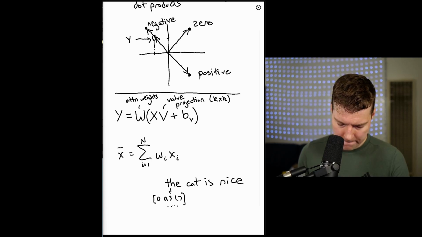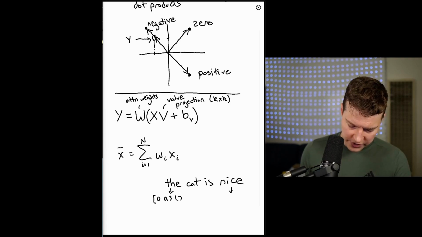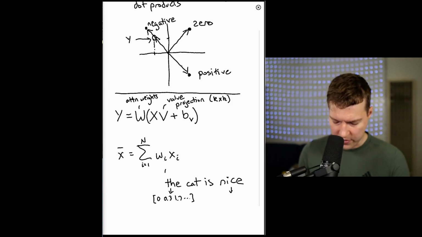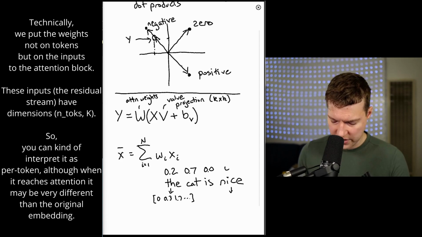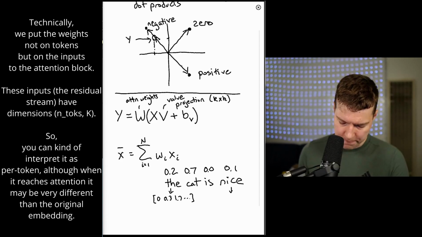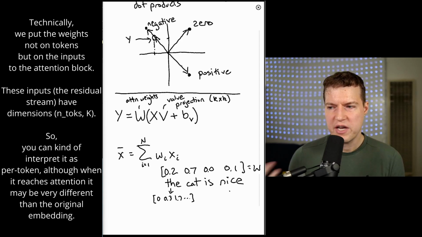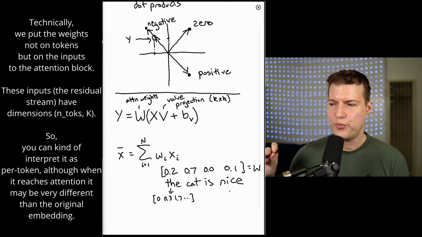When I put a different weight on these, maybe I could put a lot of attention on cat, nothing on is, and just a little bit on nice. So these are going to be our weights. The idea is that these attention weights allow us to place attention on each of the tokens.